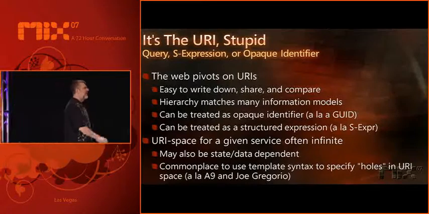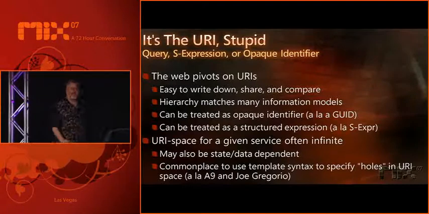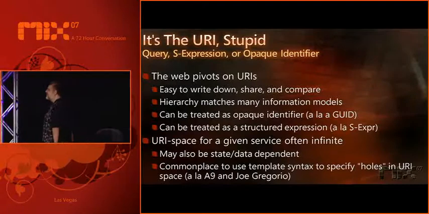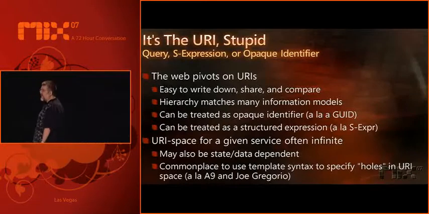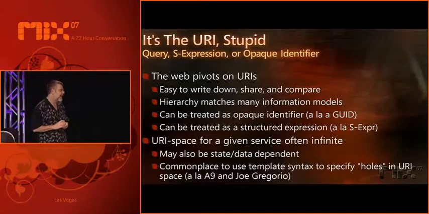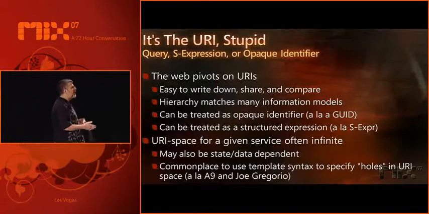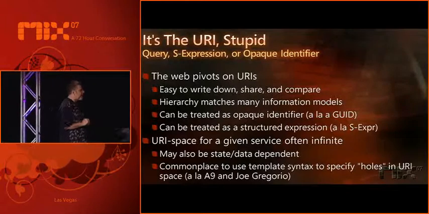Other kinds of servers, and the ones that many people like to write, have an infinite URI space. How do they get an infinite URI space? One way to do it is to take query string parameters. Another way to do it is to have the hierarchical path space of the application itself be driven by the state or the data that the service is fronting.